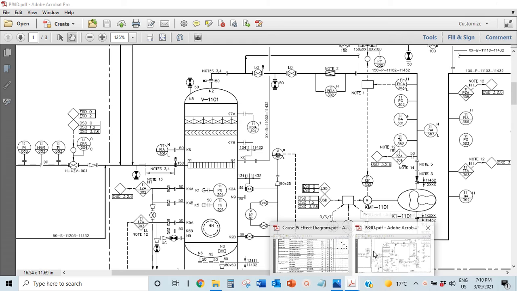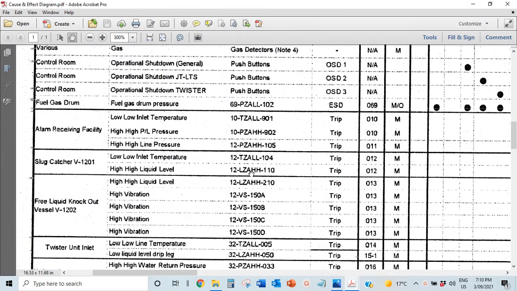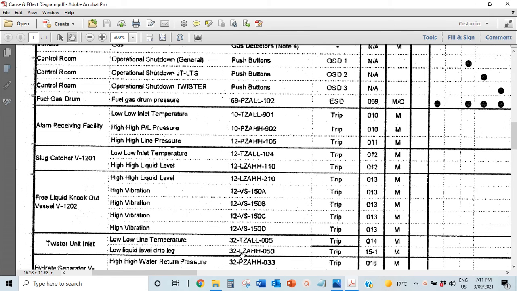They're called trips. You have them like this: this is a TZ, that's a temperature trip. This is a PZ, that's a pressure trip. This is an LZ, that's a level trip. So this is an LZHH. So most likely, if you have a very high level, this trip will come on.